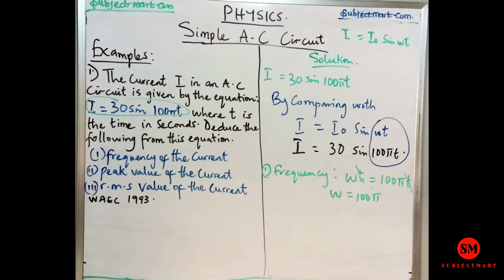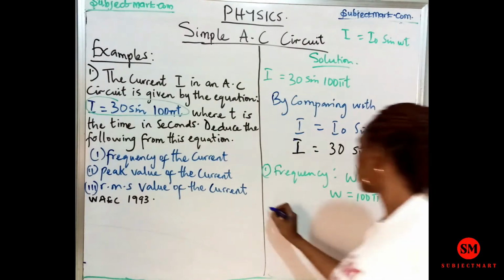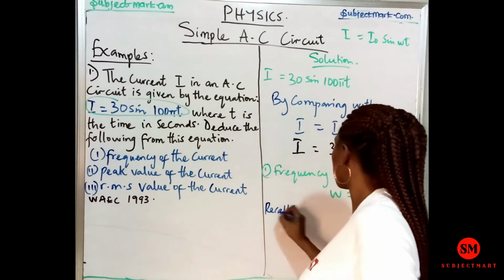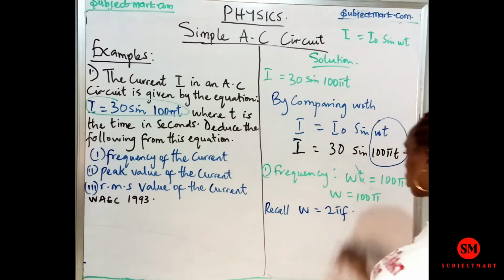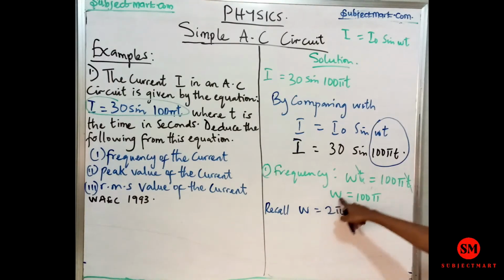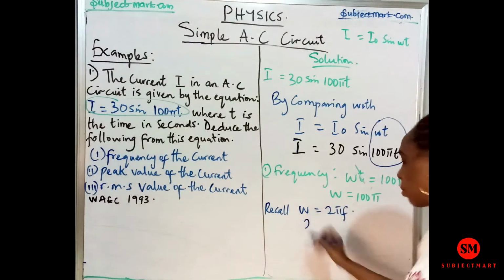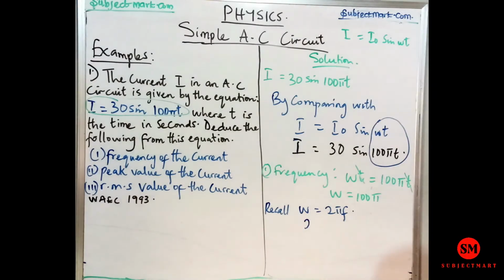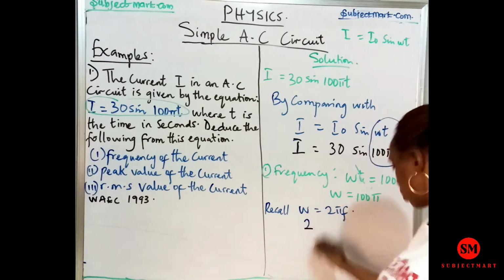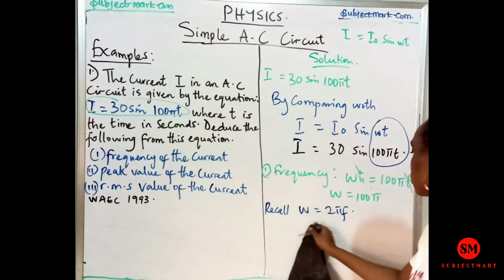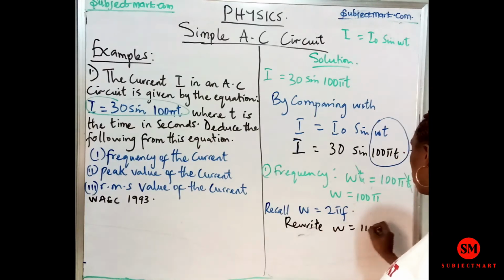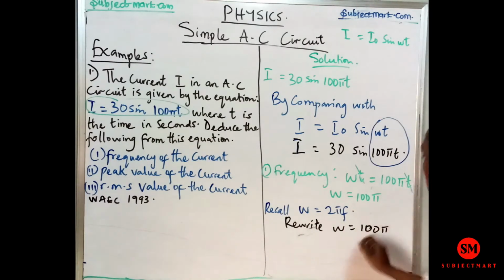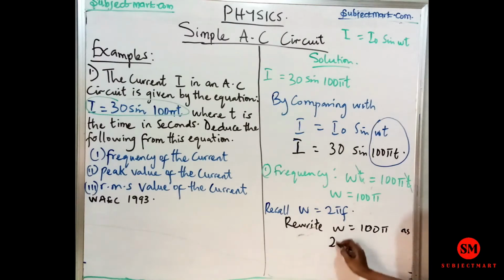But you recall, from our simple harmonic motion, that W is equal to 2 pi f. So wherever I see W now, I'm just going to put 2 pi f. So I'm going to rewrite this: 2 pi f is equal to 100 pi.